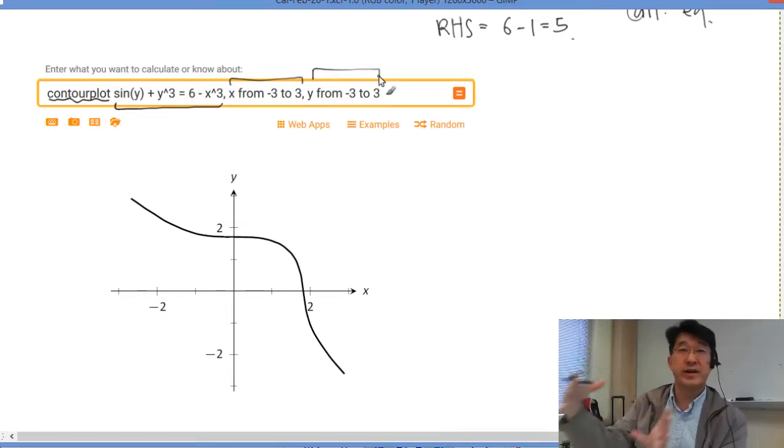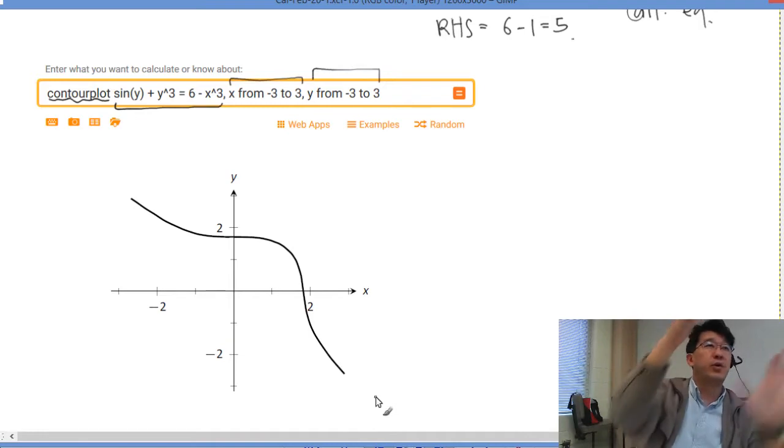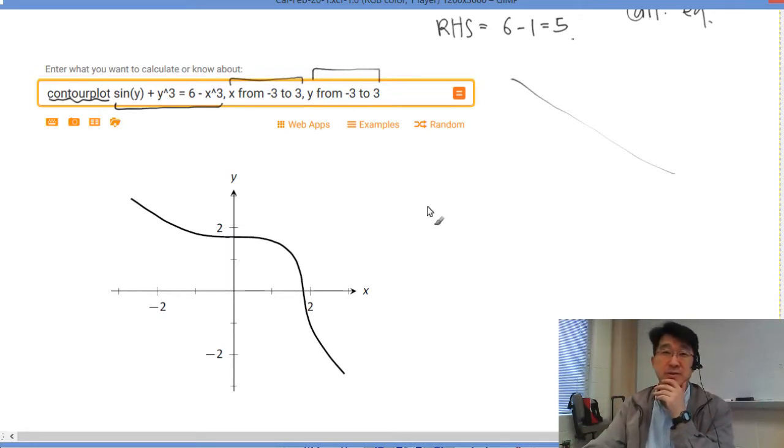You have to just use trial and error to pick out a nice region where something interesting is happening. If you look at a region all the way over there, you're going to find this graph just looks like that. It's just a boring graph. But if you find a good region, you see a lot of bending around it. So by playing with it a little bit, if you look at -3 to 3, -3 to 3, you have this nice graph. What is this graph about?